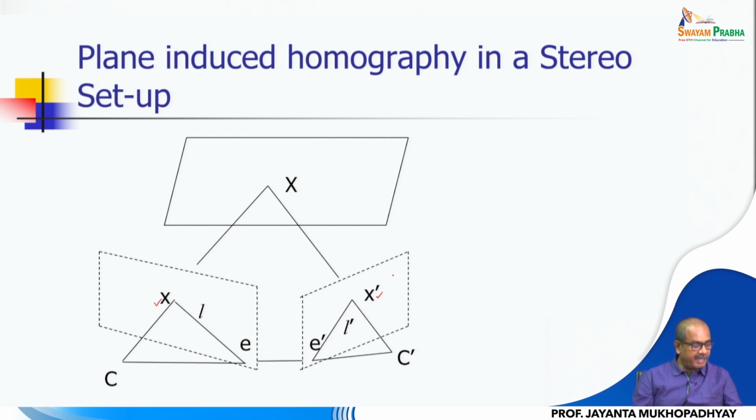Now consider another image point y lying on the same plane, and form its images by taking the respective intersections of the projection rays with the image planes. So this projection ray and the other projection ray give y and y prime, which form a corresponding pair of points.